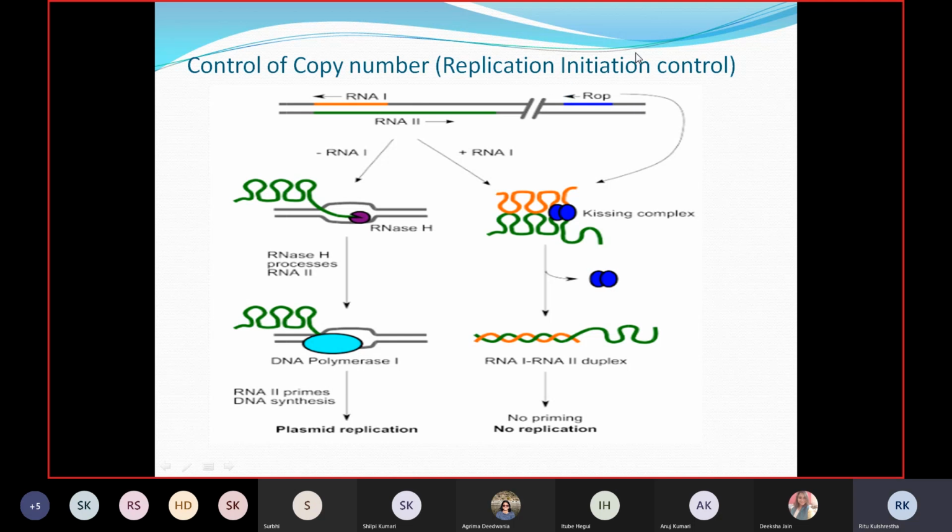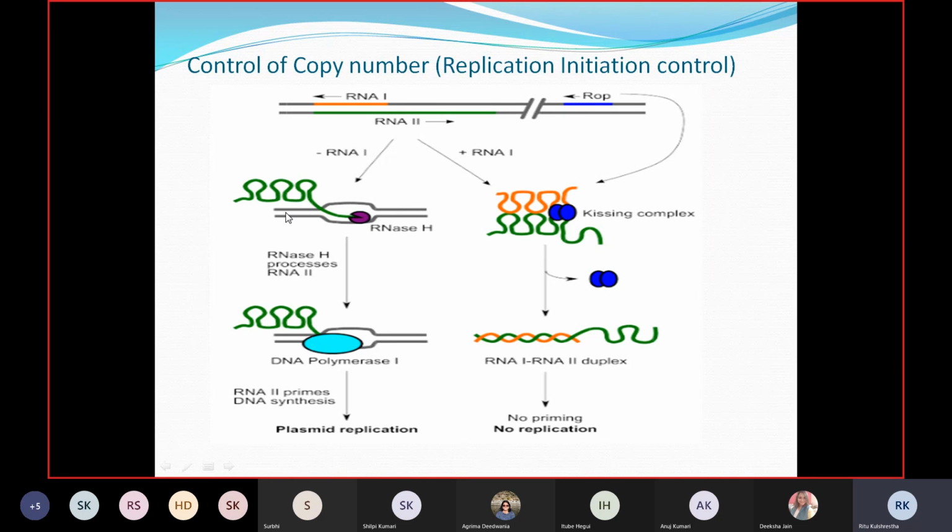But then there is one protein called ROP which binds to this kissing complex and makes it much more stable. Once it stabilizes this complex, it leaves, and we have an RNA1-RNA2 duplex, because of which we don't have this priming action. RNA2 is not available for the priming action, and no replication takes place.